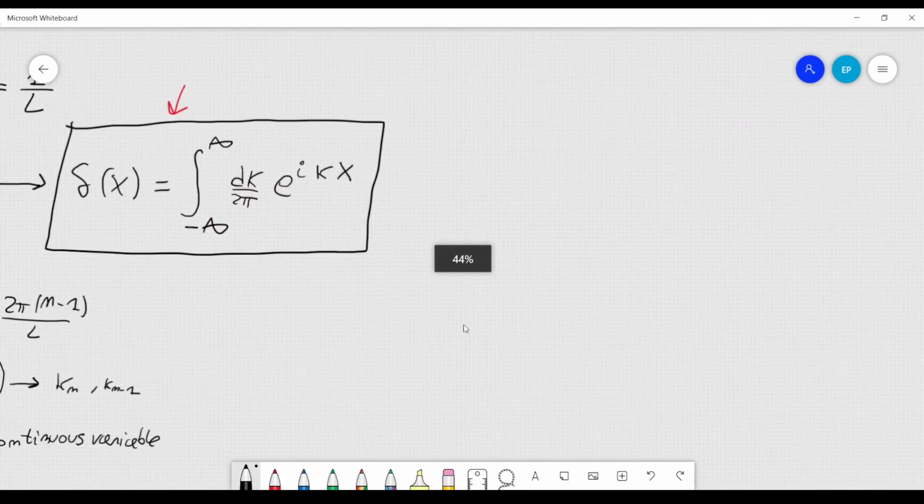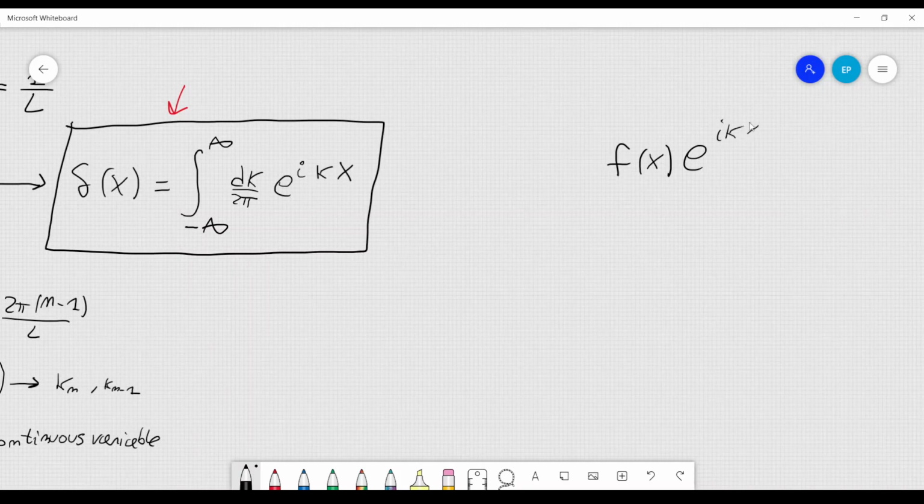Let's consider the Fourier transform of a function f of x. So if I have a function f of x, and I multiply it by e to the i k x and integrate over x from minus infinity to plus infinity, I can define this as the Fourier transform of f of x, and I can call it f hat of k.